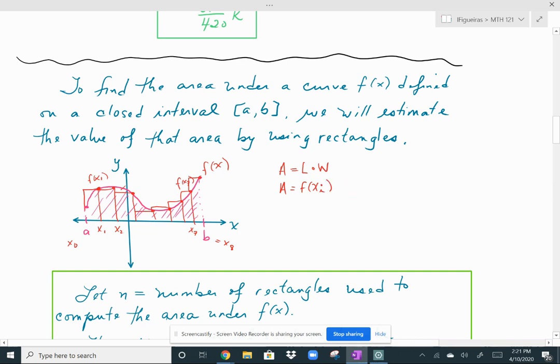And your width would be the difference from the next one to the previous one. So this would be what we would consider to be the length of the rectangle. And this one here would be the width. All right, so let's clean this up a little bit. So let's actually use this.